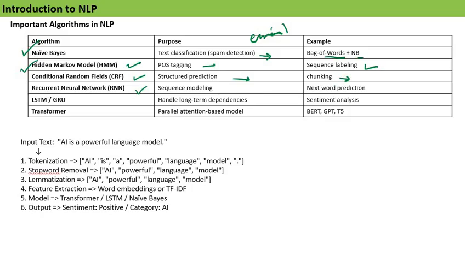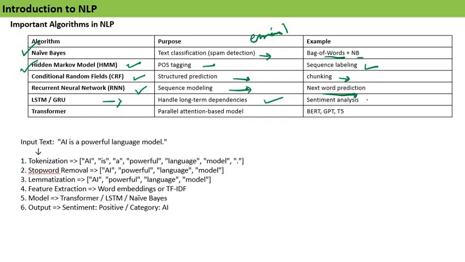Next is the recurrent neural network, which does sequential modeling. For example, there is a sequence of words, and out of it, it predicts the next one. Now the LSTM or GRU algorithm handles long-term dependencies of text.